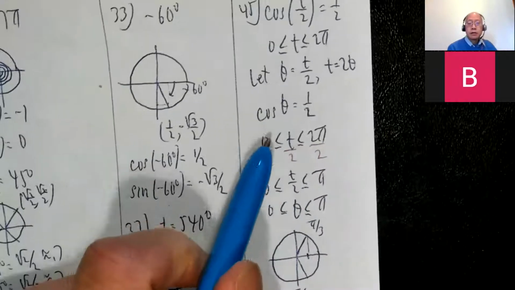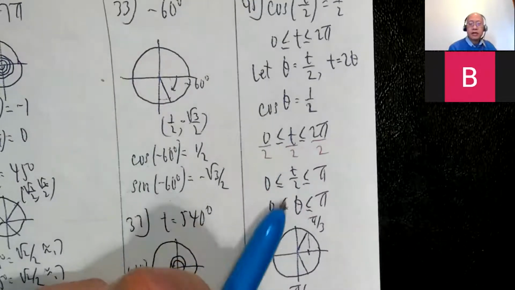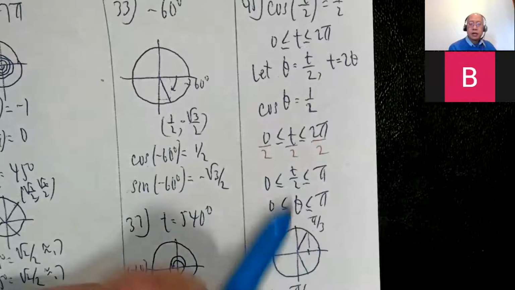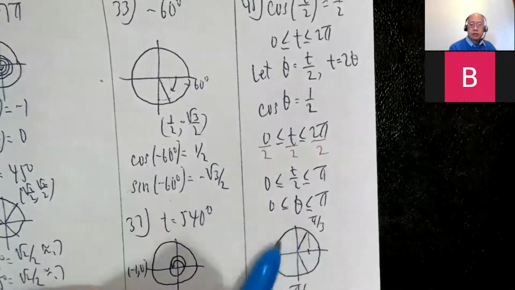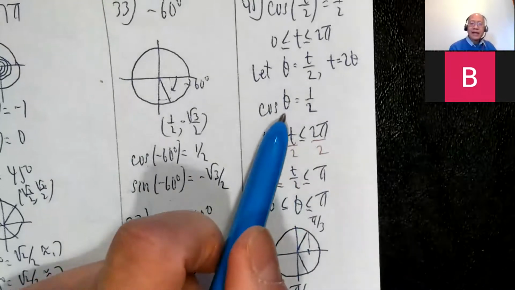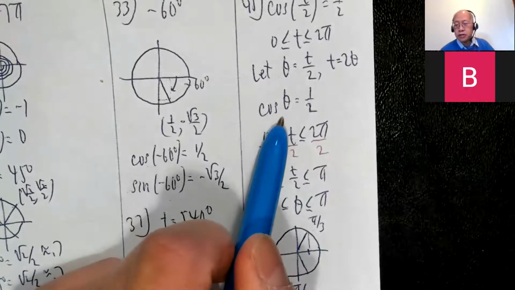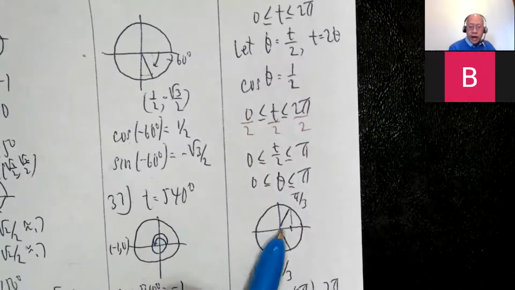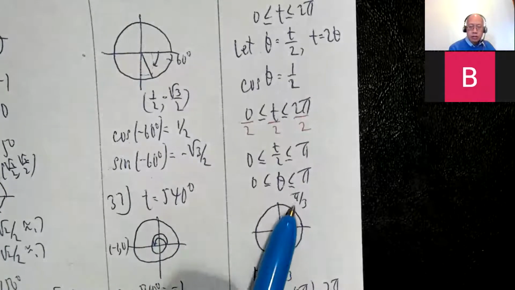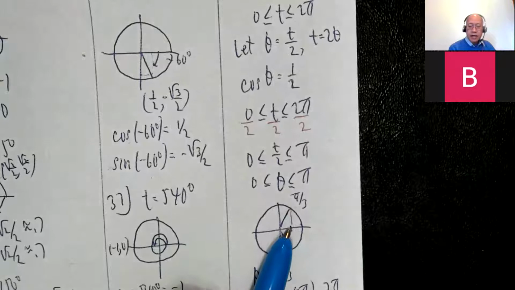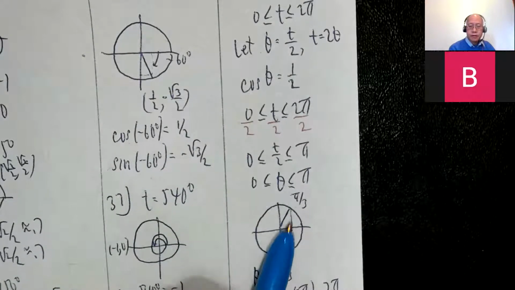All right. So theta between 0 and pi, between 0 and 180 degrees, I want the x coordinate to be a half. How do I know it's x coordinate? Because it says cosine theta. Okay, so I go halfway across, go straight up, I figure out that angle. And yes, there's another angle here, but that would not be between 0 and pi.